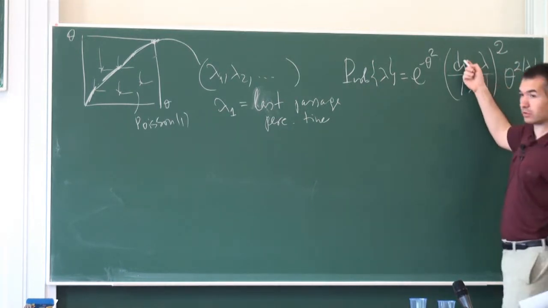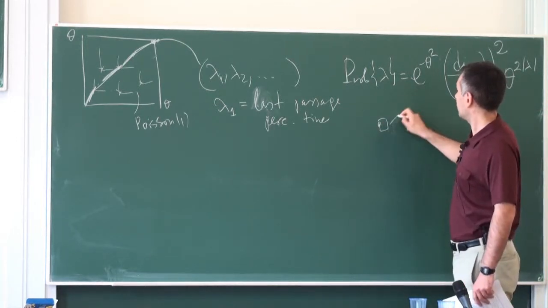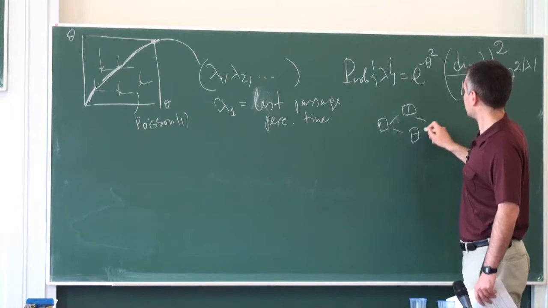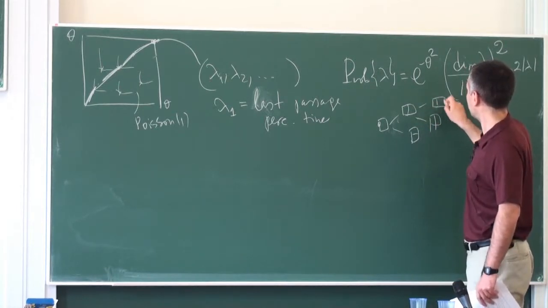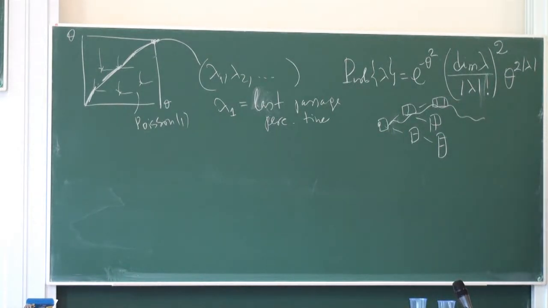Where this dimension of lambda was the representation theoretic dimension for the irreducible representations of the symmetric group, or the way I defined it independently, it was the number of paths in the Young graph from the root to this diagram lambda. So the number of paths was this dimension lambda.